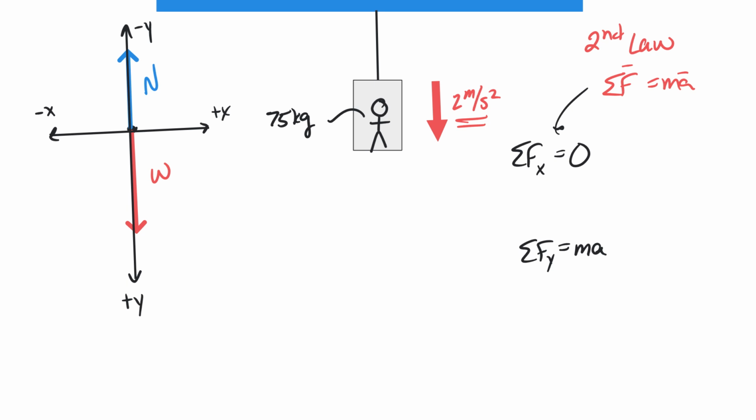Are there any forces in the x direction? Is there any force pointing to the left or the right? I don't have to worry about this. Are there any forces in the y direction? Yes. And we've made downwards positive. So weight is positive. Normal force is negative. And that equals ma.